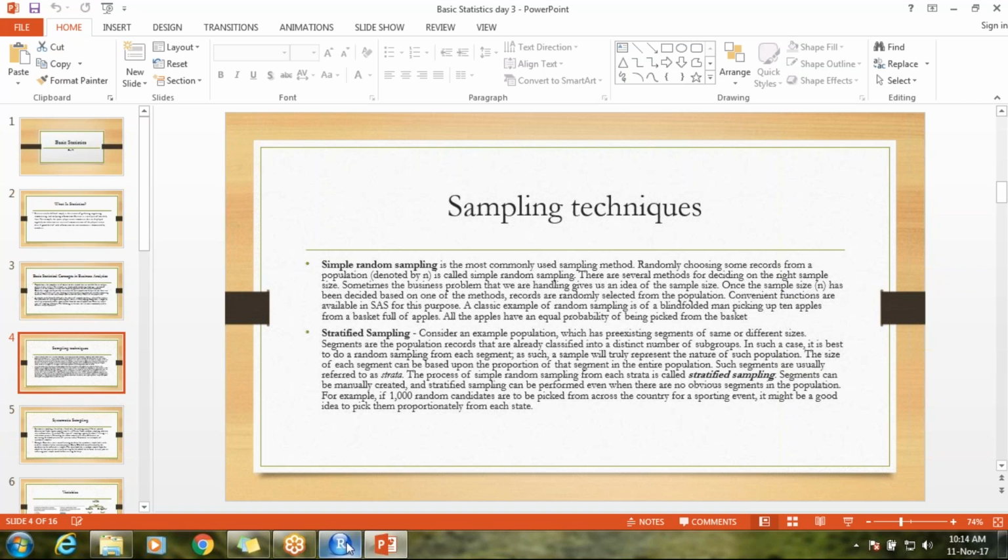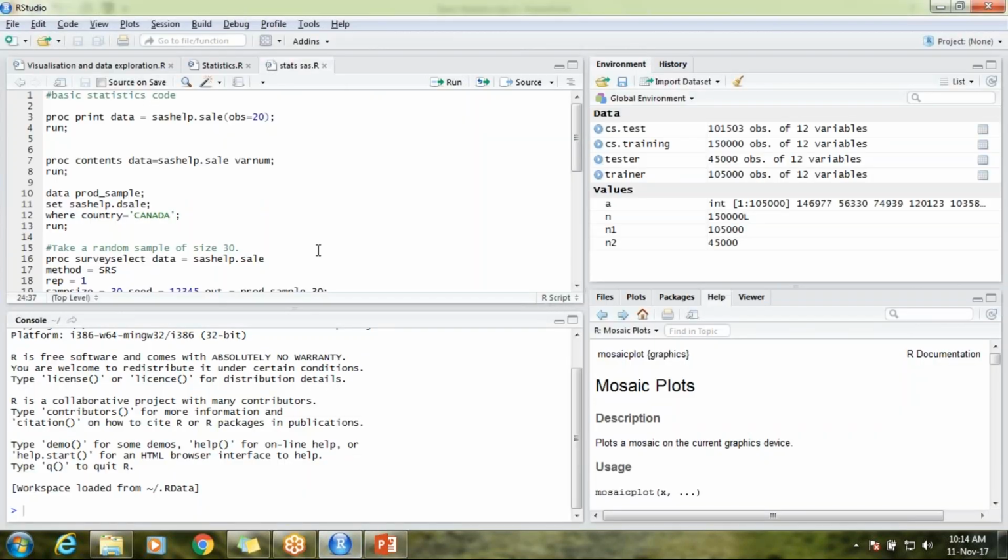So for that, let us look at some of the code that I have. If I need to take a sample, it would be very easy.